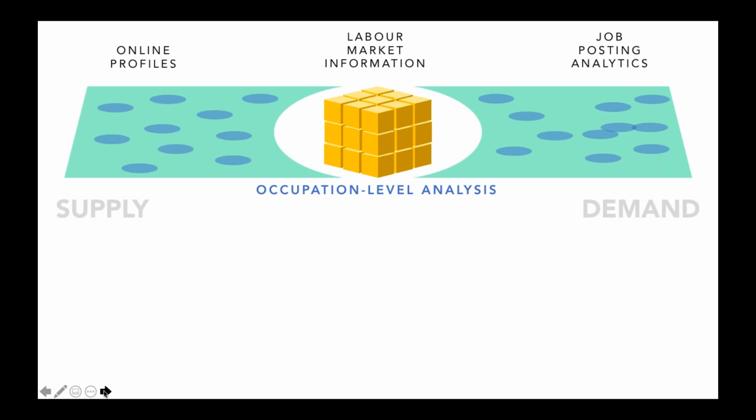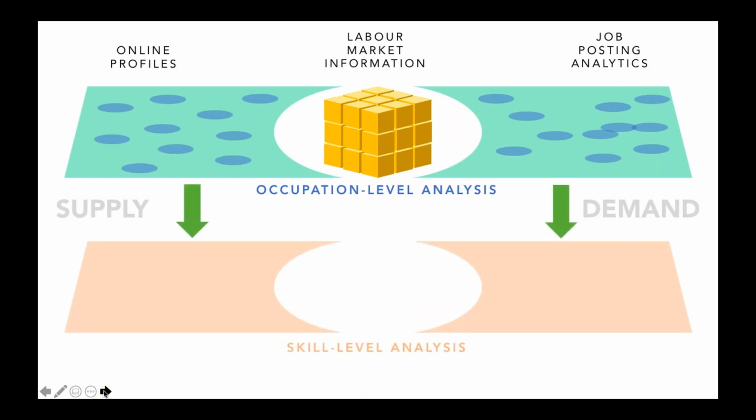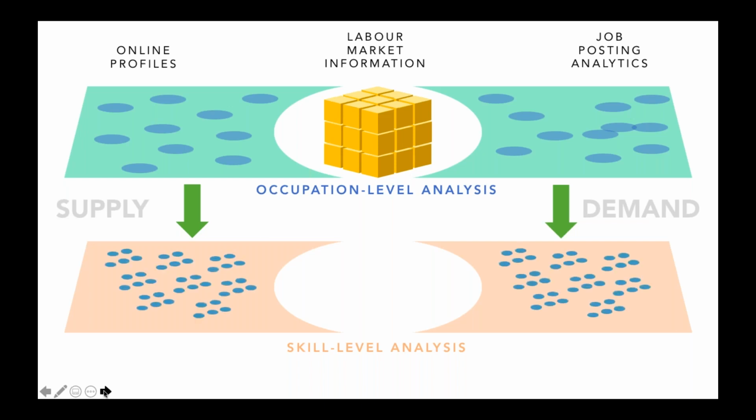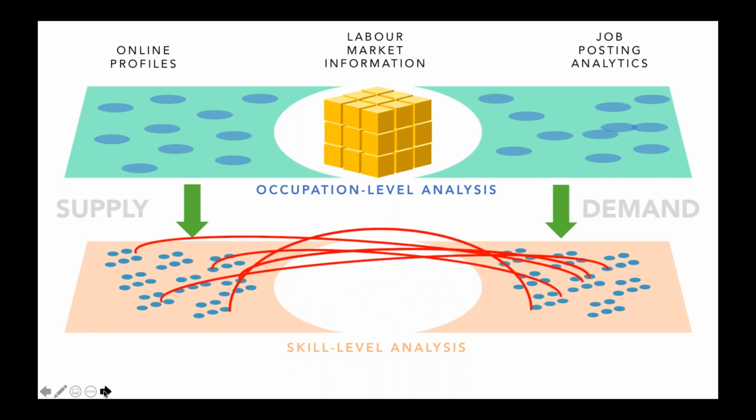But the real power of them, and what we're looking to develop over this year and next, is, if you click it along again, to go down to a further layer of skill level analysis. So labour market information basically chunks up the labour market in terms of the jobs people do, but profiles and posting analytics, if you click it along again, allow us to look at much more detailed levels about the particular skills that employers are after.